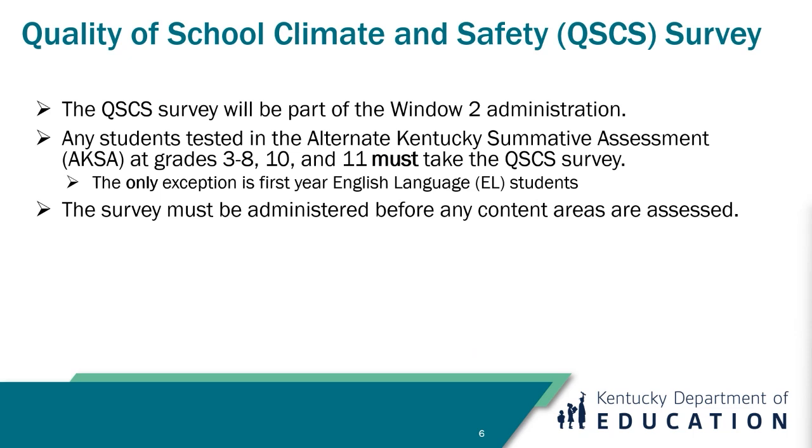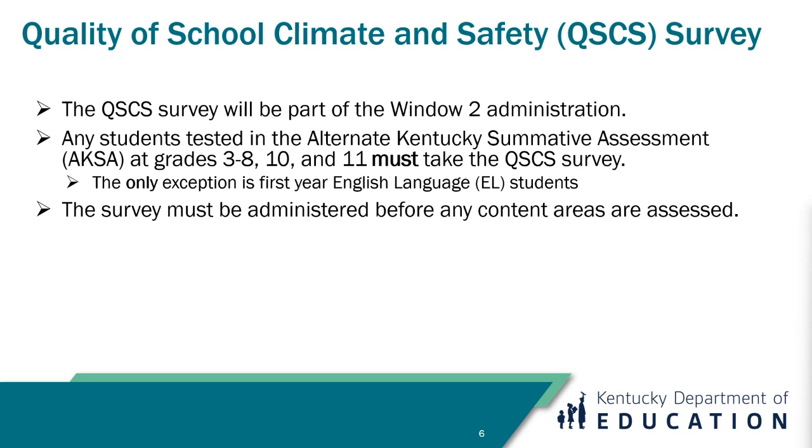The survey for alternate assessment students consists of 10 questions with 4 answer options. The 4 answer options are the same as what is provided to students completing the survey for the general assessment. One very important point to note is that in high school, only students in grades 10 and 11 will complete the survey.